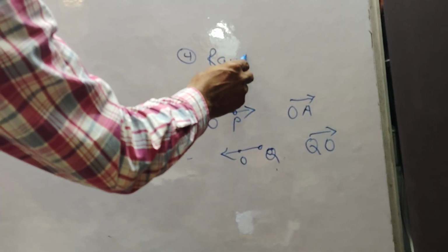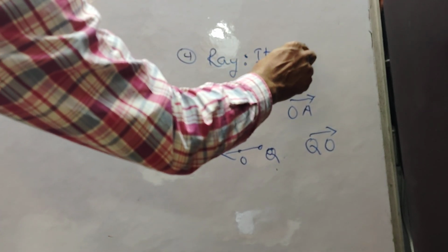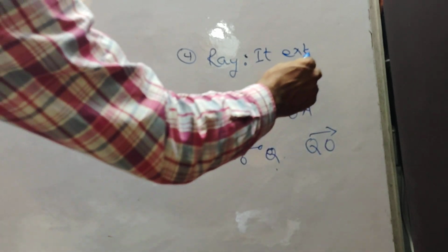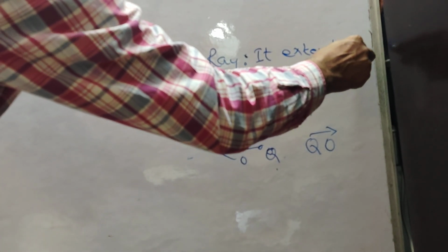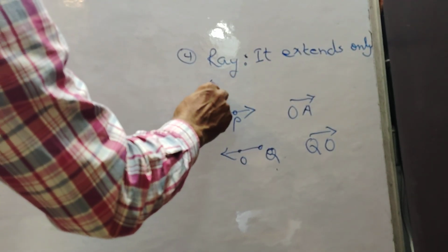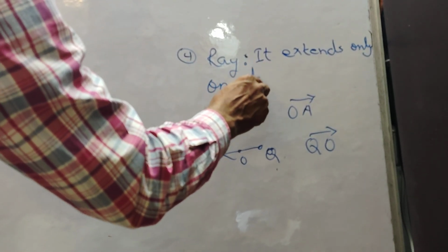So a ray has only one direction. It extends in only one direction. So its length is increasing in only one direction. A line is extension in both directions.